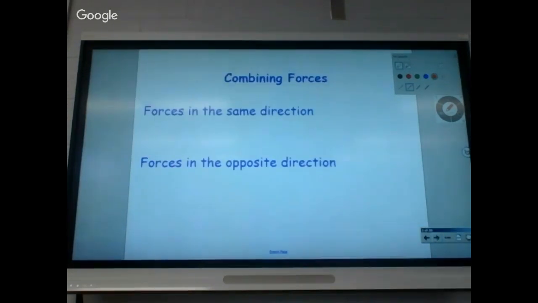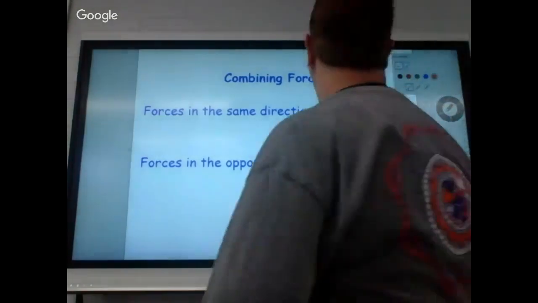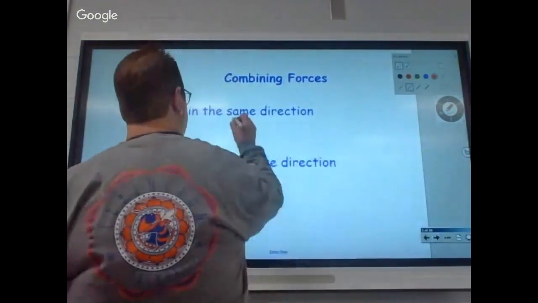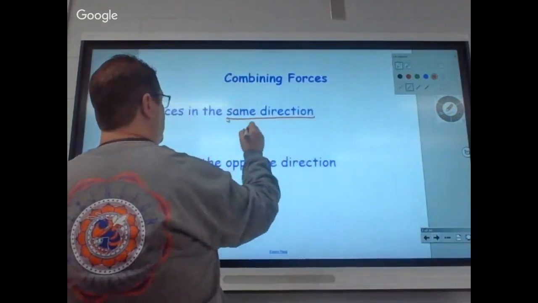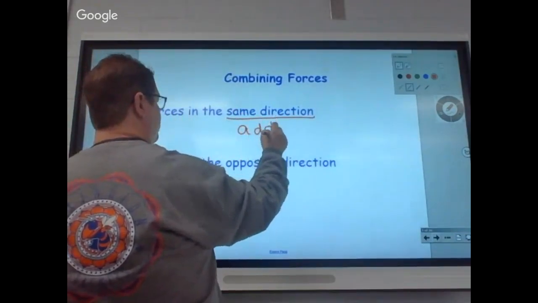All right. So this is the nice part about forces in this topic. We already have some experience. Okay? Because it's just like velocities. Forces in the same direction do what? They go together. Okay? So anytime we have forces in the same direction, we're going to add them.